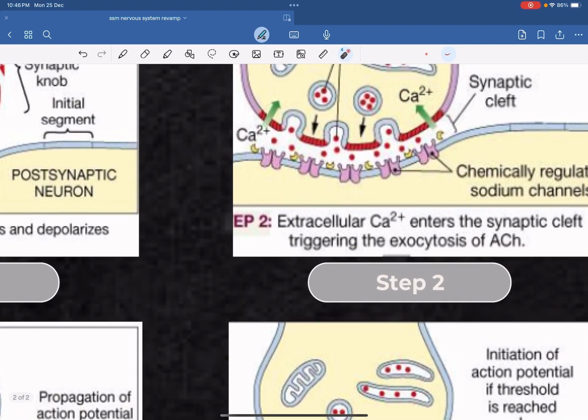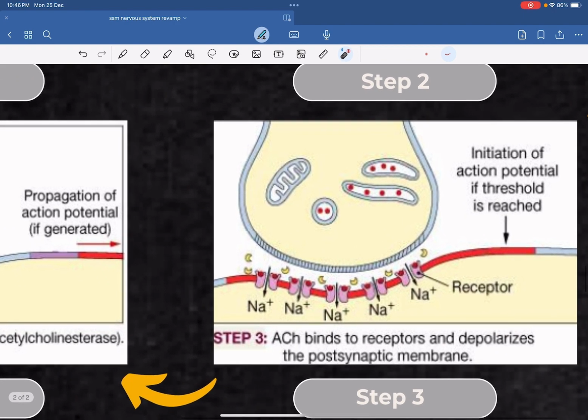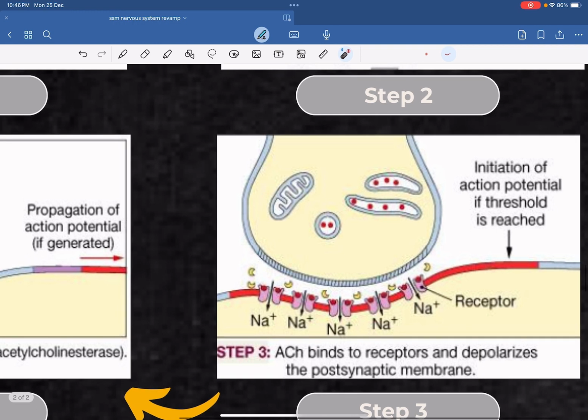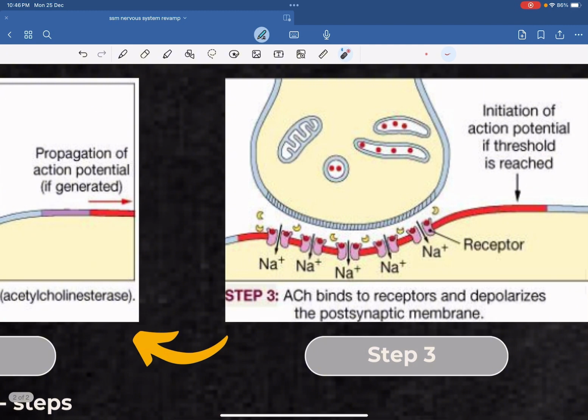After the acetylcholine binds to it, it will open and allow the diffusion of sodium ions into the postsynaptic membrane. We know the extracellular fluid contains many sodium ions, so they will diffuse into the postsynaptic membrane and cause depolarization, because depolarization occurs when sodium ions enter the neuron membrane.